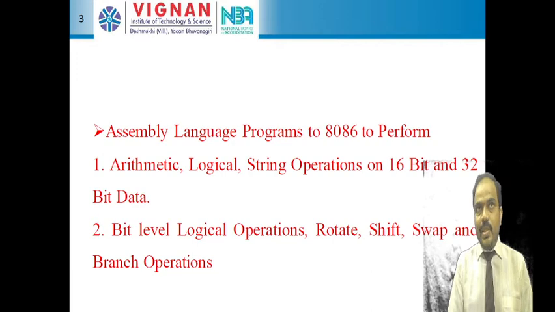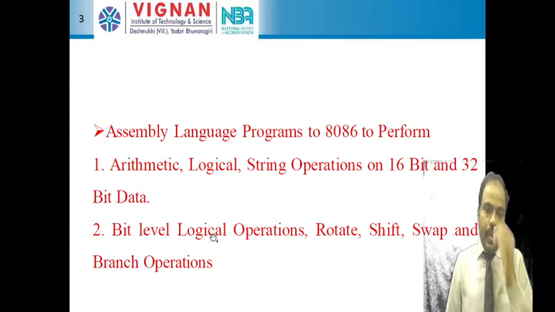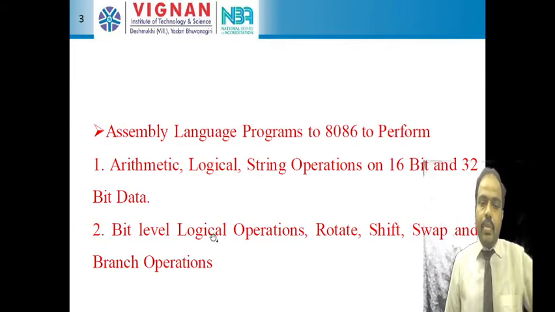That means we have discussed the addition, subtraction, multiplication, division of two 16-bit numbers, and also the logical operations, that is logical AND, logical OR, logical exclusive OR on the 16-bit data, and also the addition and subtraction of two 32-bit numbers.